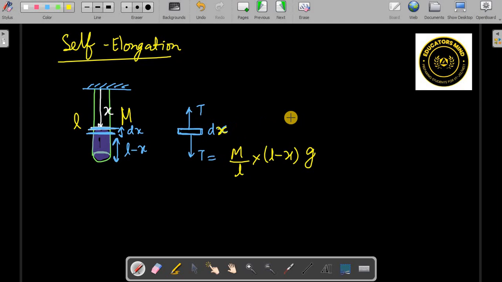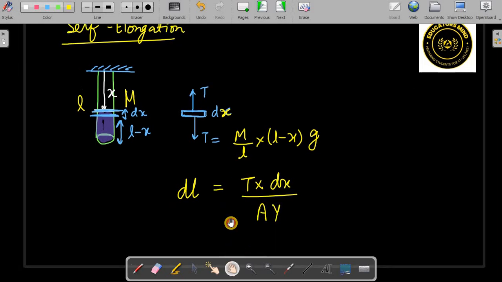So this is creating a small elongation here. I have taken a small dx, or you may also write it as dy, but let's say okay. So I'm writing the small elongation as dl here. dl represents the small elongation. With force F, or tension here, it is F into length divided by A into Young's modulus.